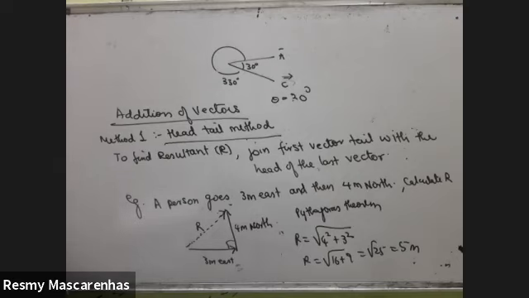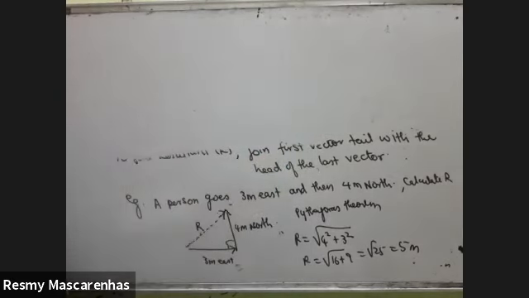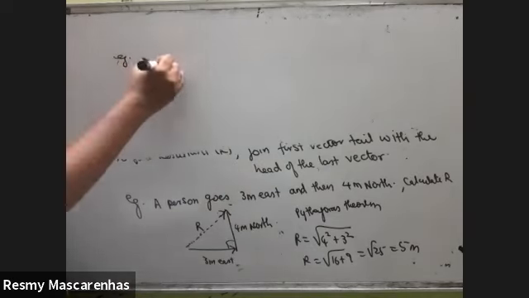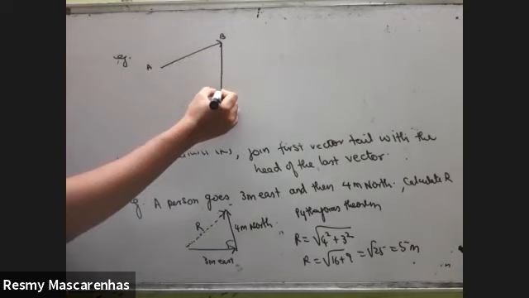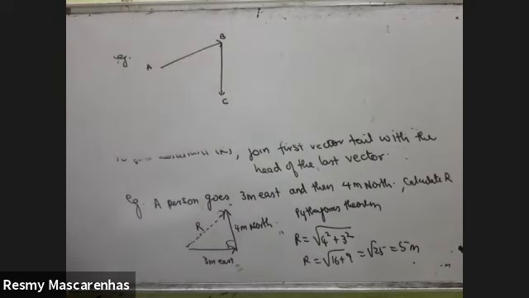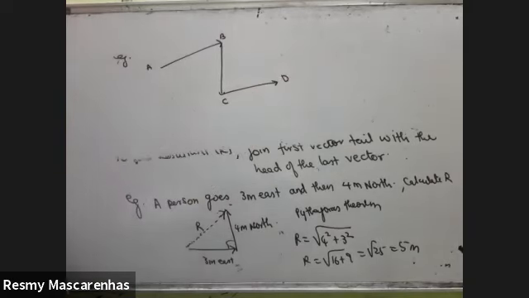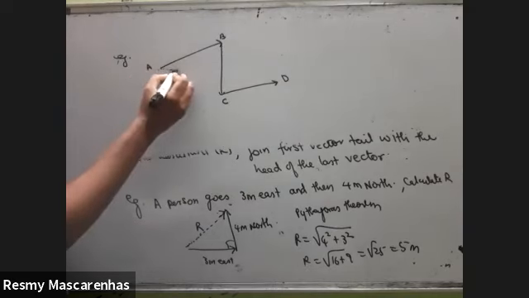Now in the next case, another example, not to calculate, just to show you. If this fellow is going here first, A to B, then B to C is coming here, and then over here. Now I want to calculate the shortest distance for the displacement. So as per the definition, what will be the resultant vector? Join the first fellow's tail to the head of the last one.